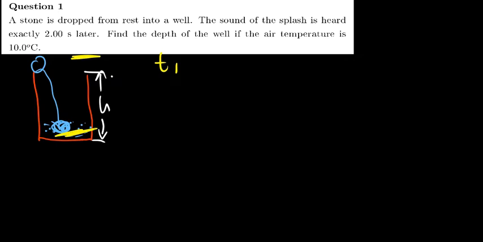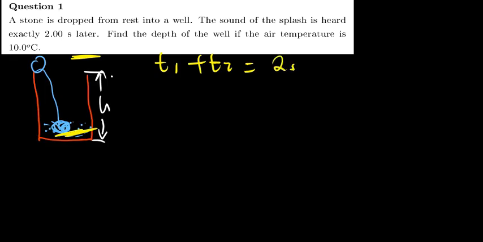So we've got two times, T1 and T2. T1 is the time it takes for the stone to reach the bottom of the well. T2 is the time it takes for the sound to move from the bottom all the way up. So when I add T1 plus T2, I'm supposed to get 2 seconds.